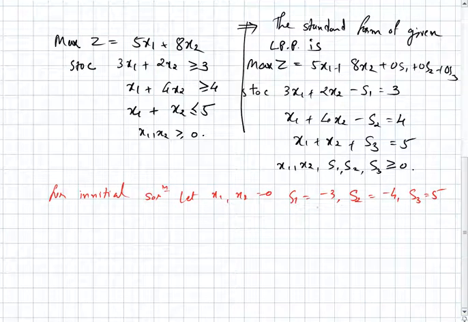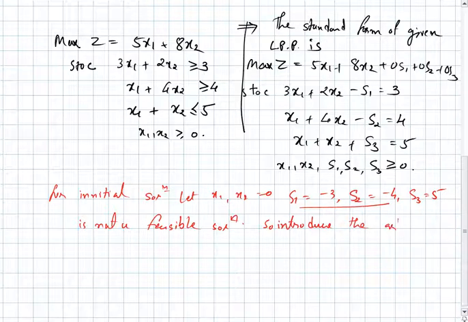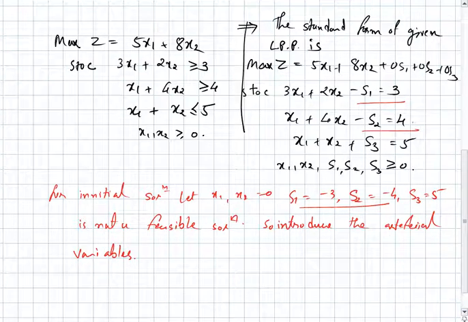So it is not feasible because these values are less than 0. So we have to introduce the artificial variable. In the first and second constraints we will introduce the artificial variable.